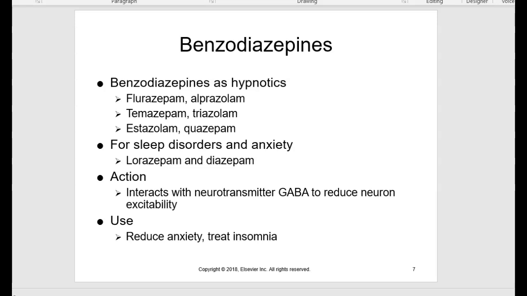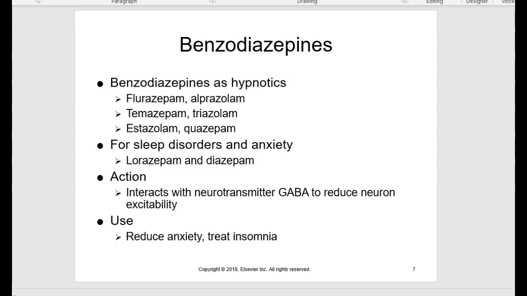How does it work? The action. The benzodiazepines increase the action of an inhibitory neurotransmitter, gamma aminobutyric acid, or GABA, at their own receptors. The neuron excitability is then reduced. Again, used to treat anxiety, and by treating the anxiety, we can help promote sleep within the patient.